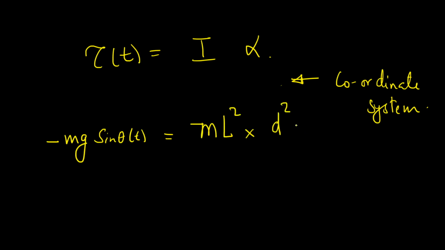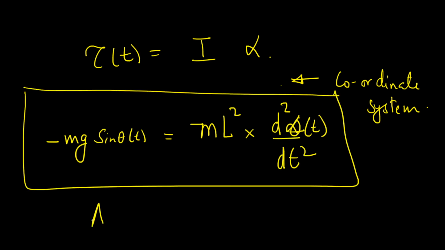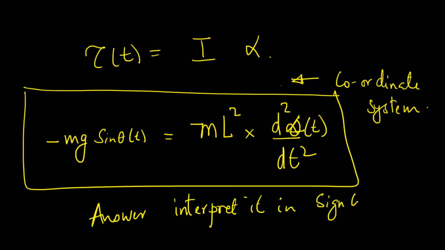That's what the law says, Newton's laws. Sorry, d square theta by dt square. So this is the equation to be solved, and this time when you get the answer, you're going to interpret it in sign convention. So I'm hoping that this clears up the sign convention part.